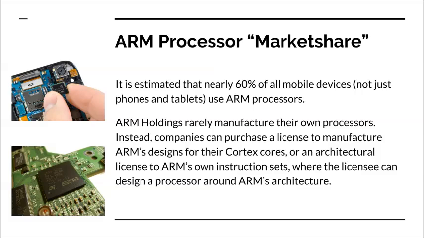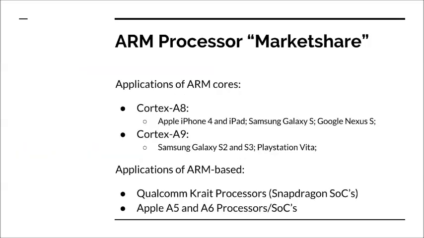And the company can then use this architecture base to build their own CPU around. And you'll see later on that a lot of companies have seen great success doing so. And that's what it means to be ARM and ARM-based.